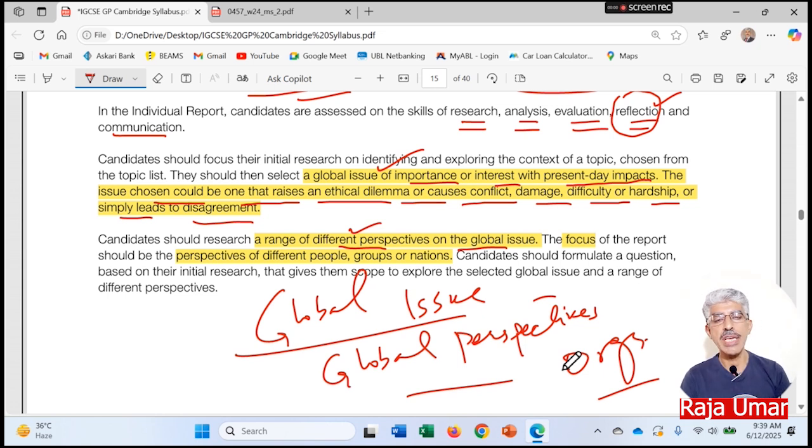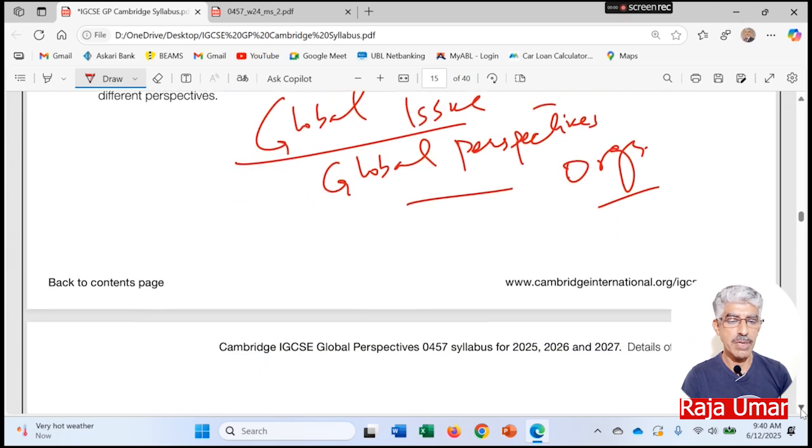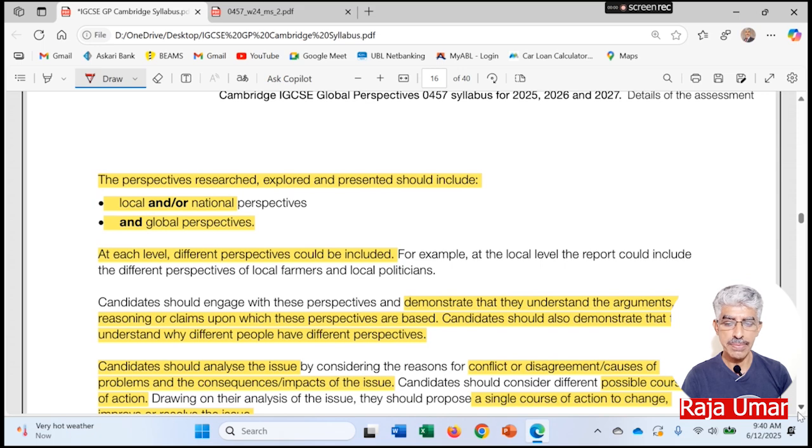What are the perspectives given by the global organizations regarding that issue, and whether those perspectives given by those global organizations are viable and acceptable for the states or not, or whether whatever the opinions or the perspectives given by that organization are acceptable to the states and countries or not. So, and what are the views of the other countries on that particular perspective of the global organizations. So you are supposed to create a relationship between them, so that you might be having the wide range of perspectives with you regarding that particular topic.